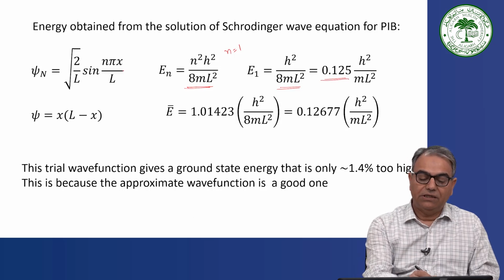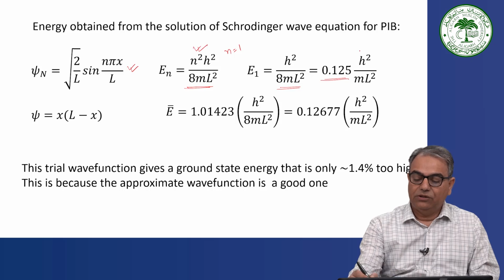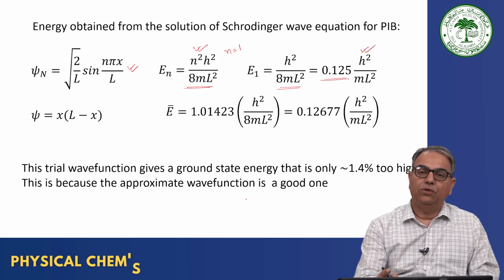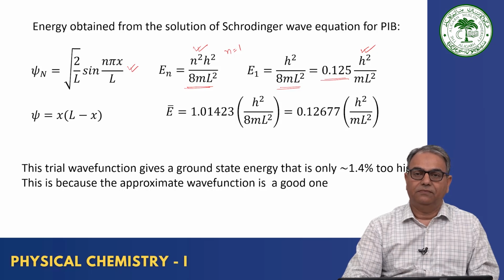So this is your eigenfunction, this is your eigenvalue, which you obtain when you apply the Schrodinger wave equation to a particle in a one-dimensional box.